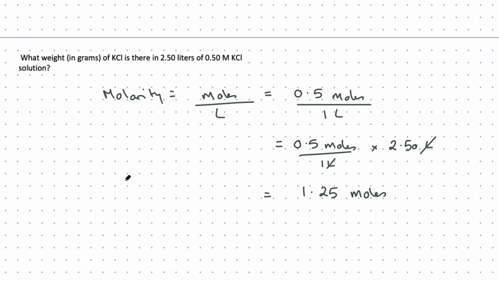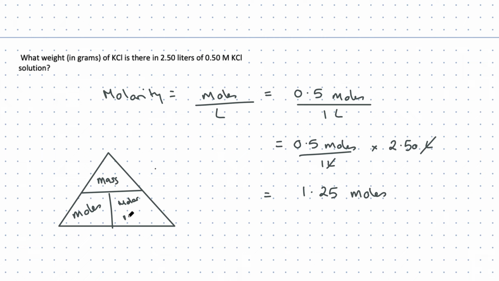So now we're going back to our connection between moles and grams. So we go to the triangle, or you can use your units if you like. If I go to the triangle, remember up the top is mass, which is grams. On the bottom, you've got moles. And over here, we've got molar mass. And this time, what I'm looking for is the weight in grams, in other words, the mass.